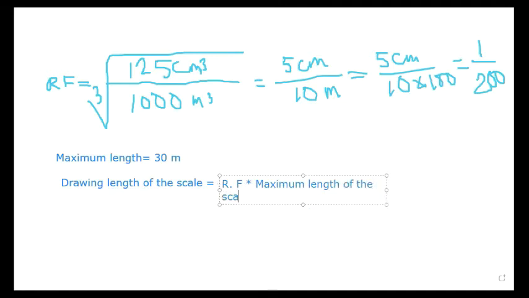This equals 1 by 200 into 30 meter. So convert to millimeter.